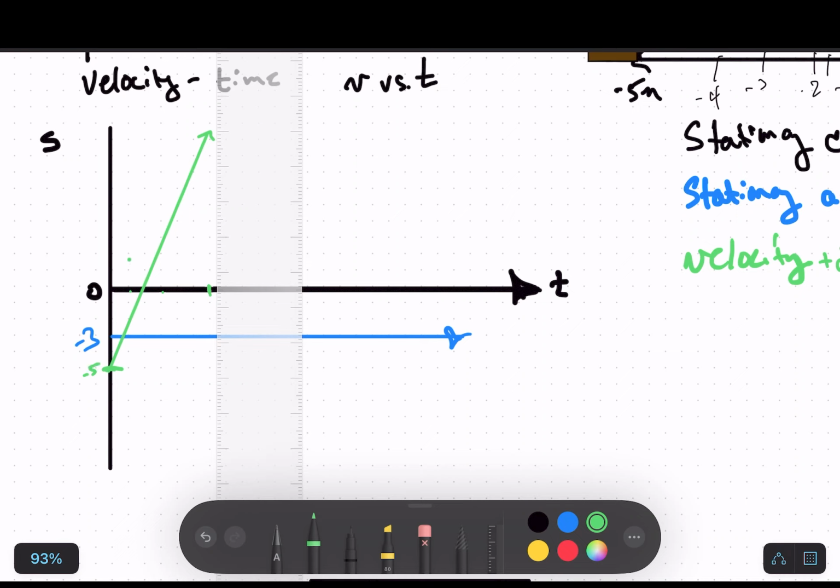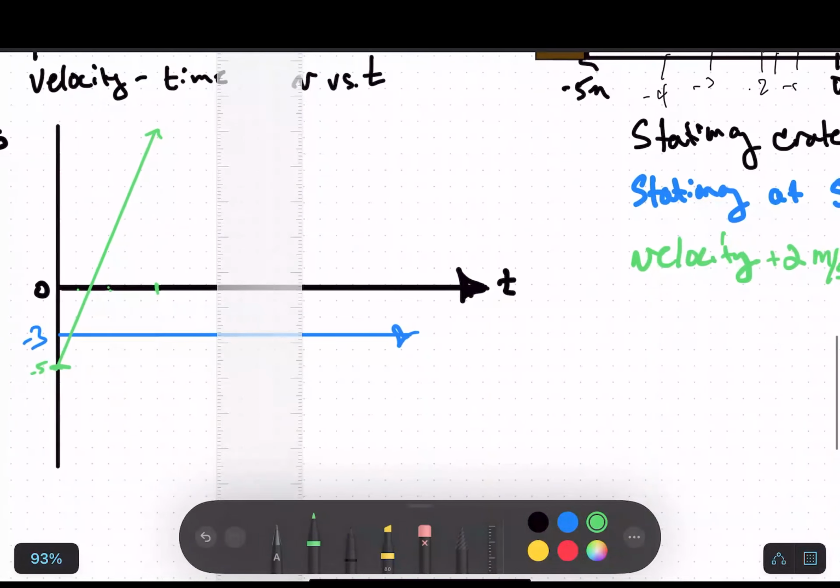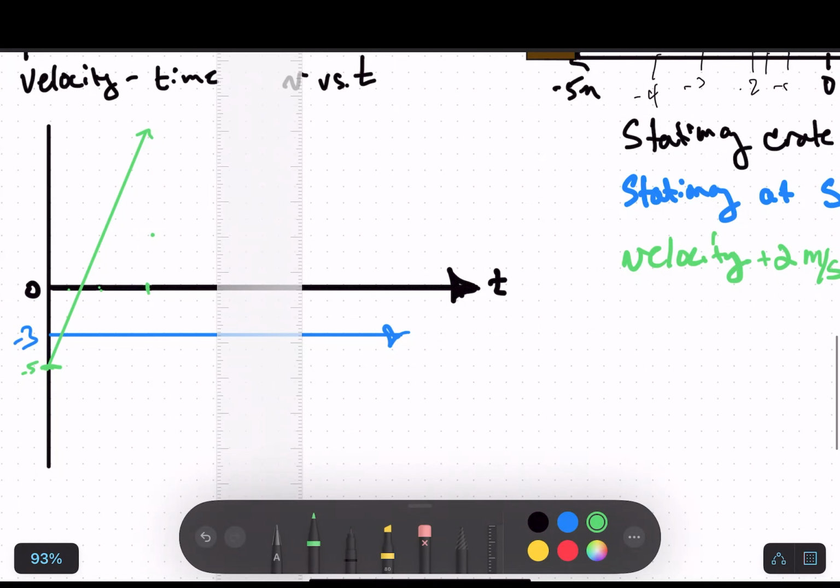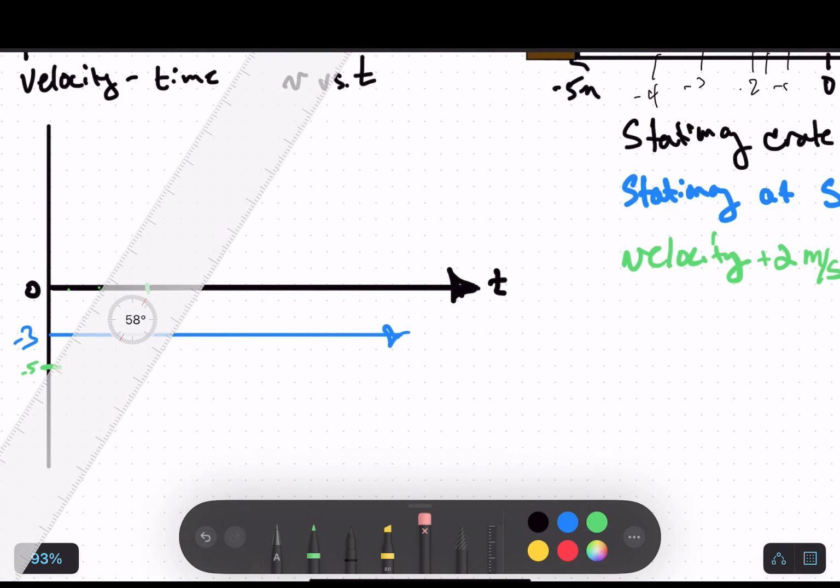So 5, 6, 7, 8, 9, 10. Did I miss? I think I did. Oh, I went over 3. No, that's my bad. There we go.